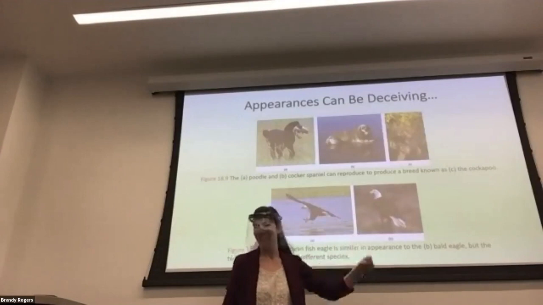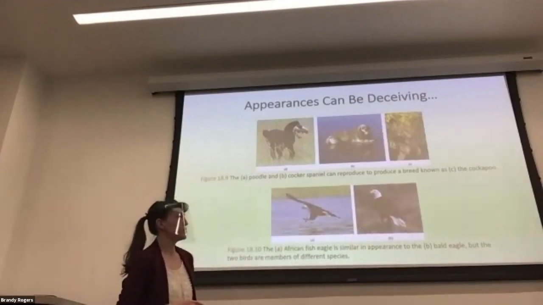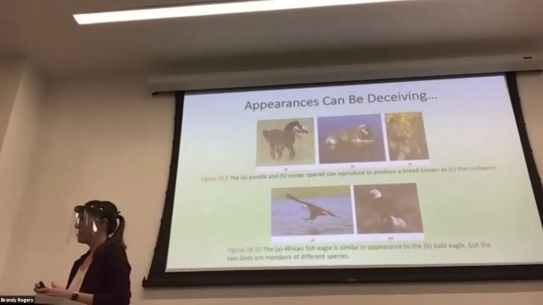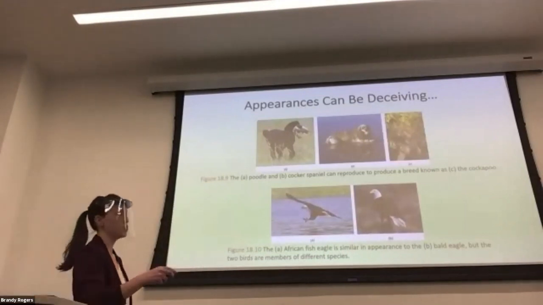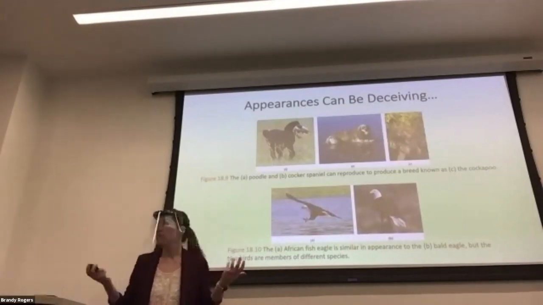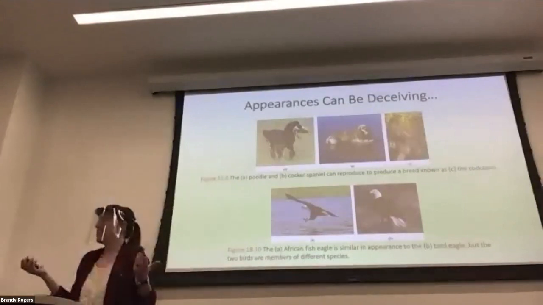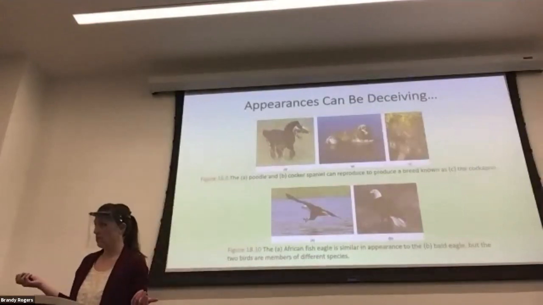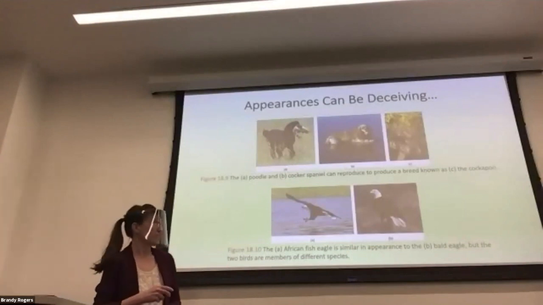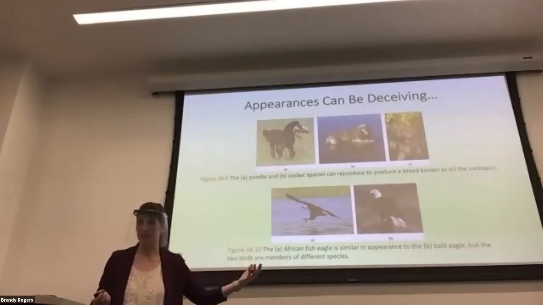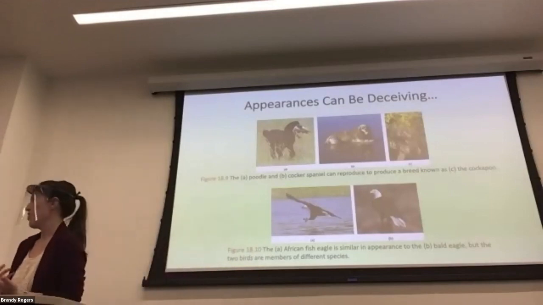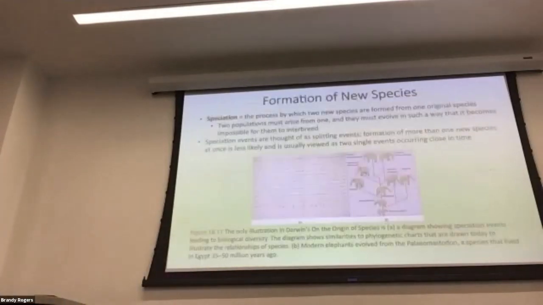So these two are different species. They're in the same genus, but they're separated by continents, right? These only occur in Africa. These are North American. They don't hybridize. They never come into contact with one another, first of all, okay? But they look almost exactly the same. So you get the point that if you just look at something, it's hard to tell sometimes whether it's the same species or different species.